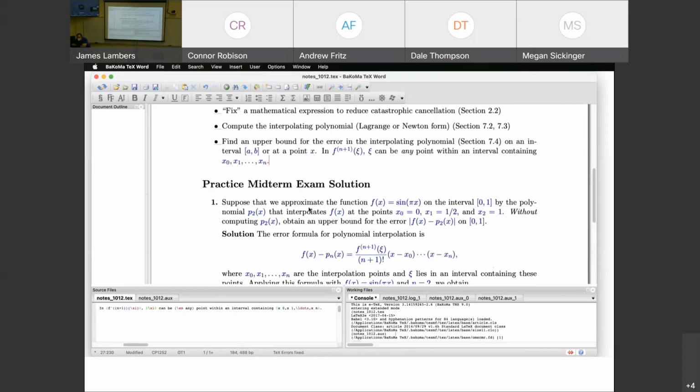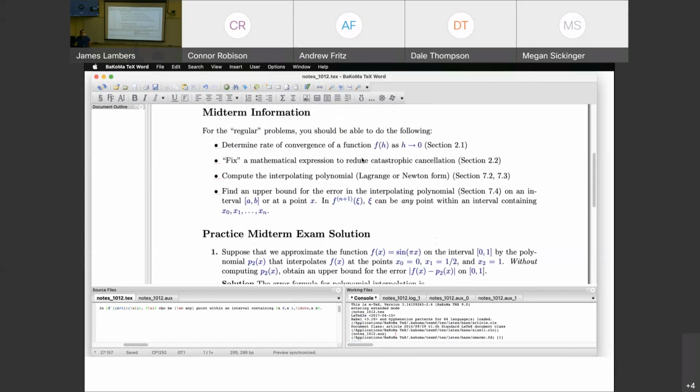So what you want to do is find out how large this can get on such an interval. For regular problems, they're worth half the points in the test, 50 points. These are the things that will come up, as you solve them on the practice test. The rest is, of course, concept checks, questions like you see on the quizzes.